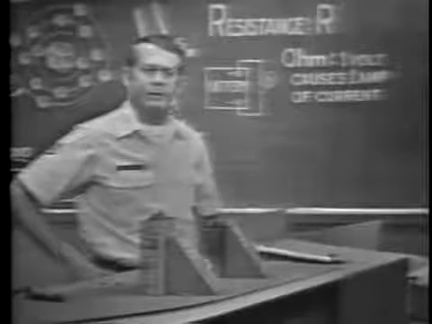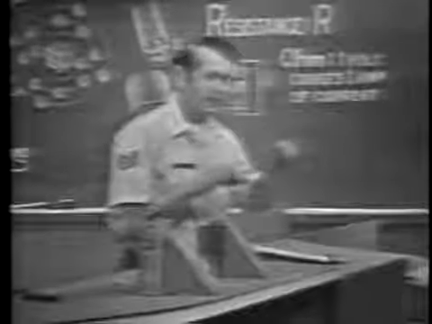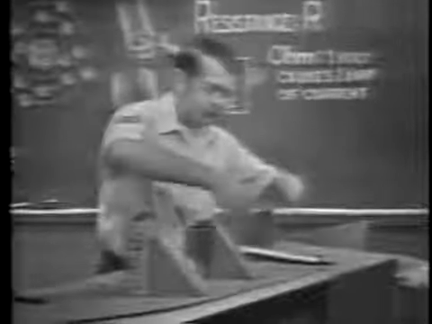Now, we've seen the effects of resistance many times in previous lessons. For example, why didn't this light bulb burn up when we connected it across the battery? We've seen that using an insulator, in this case air, to carry current is impractical because very high and dangerous voltage is required.